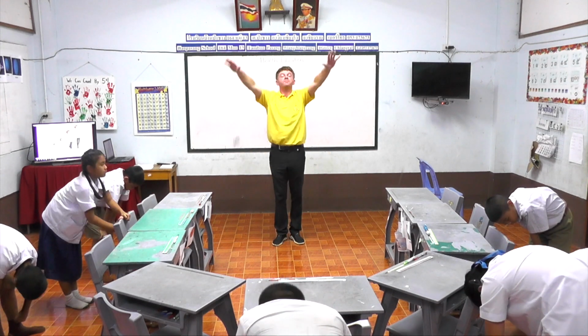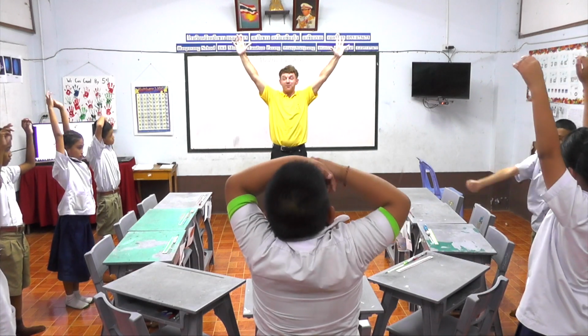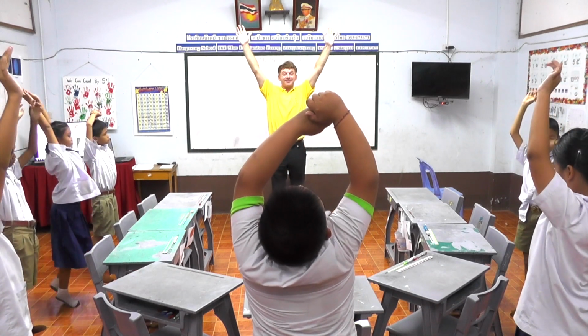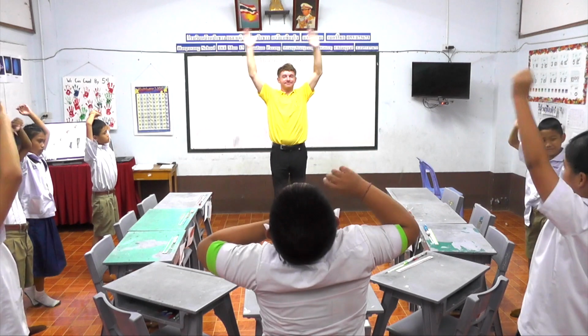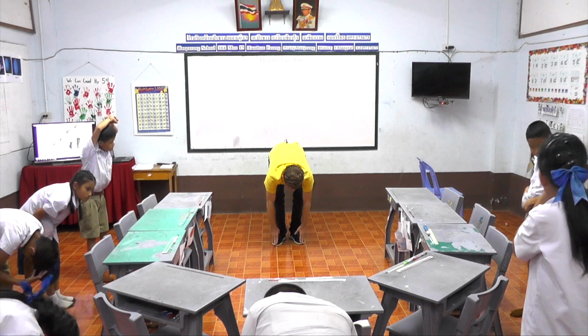And now, back up high one more time. This time, can we go tippy toe high? And while we're there, let's have a wave. And then back down to touch our toes one more time.